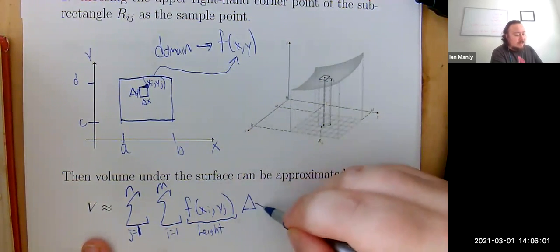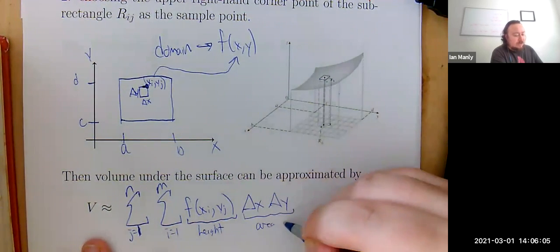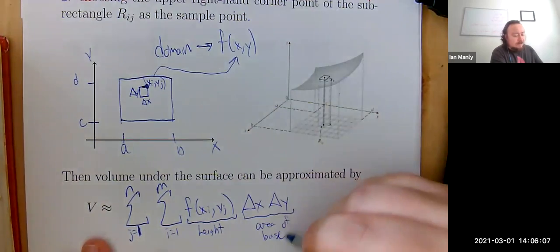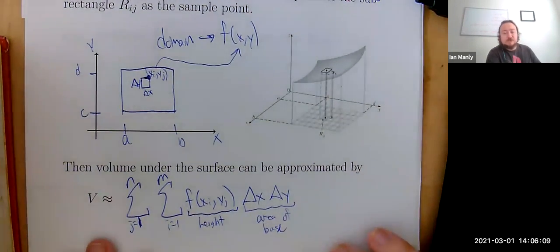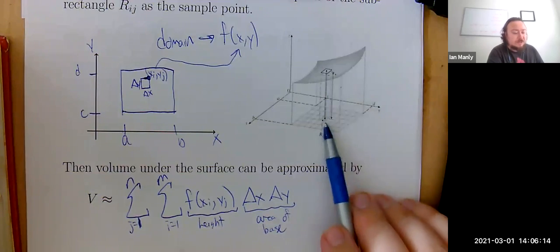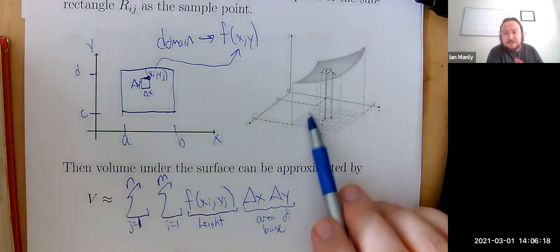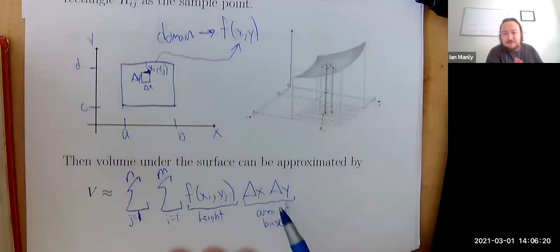And then we have delta x, delta y, and this will be the area of the base. This is where we add up finitely many of these rectangular prisms. You can see in the picture here, if we had one for all of these, then that would give us this right here.